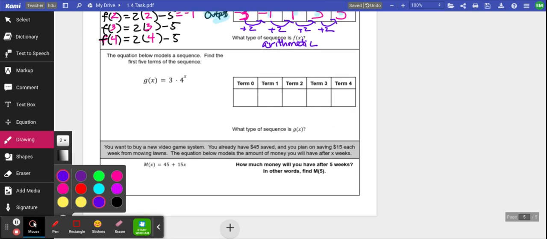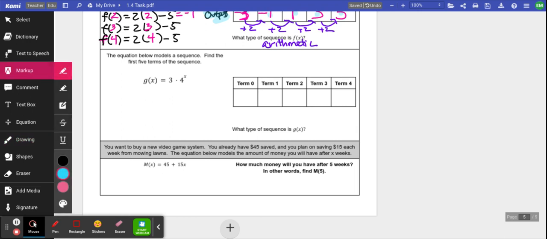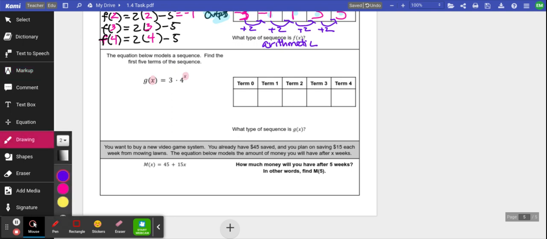Same thing for this next problem. My inputs, g of x, so there's x, and the other x is up as an exponent. I'm going to do g of blank equals 3 times 4 to the blank.